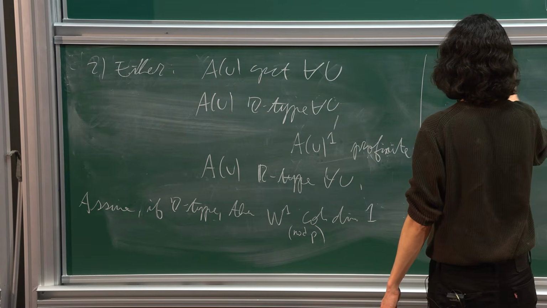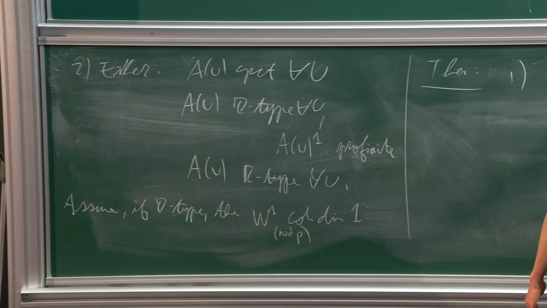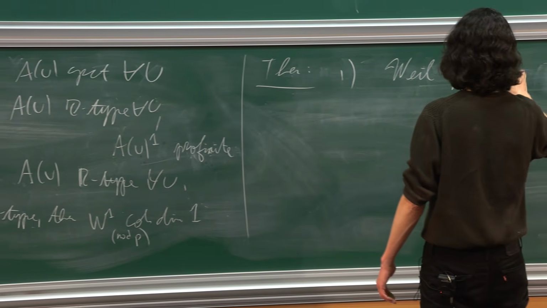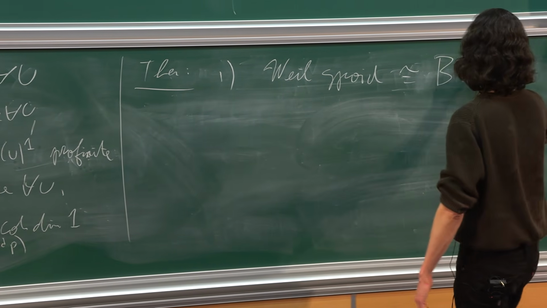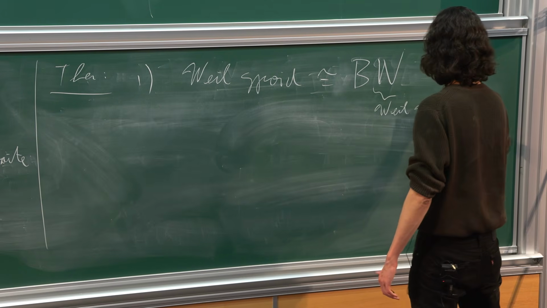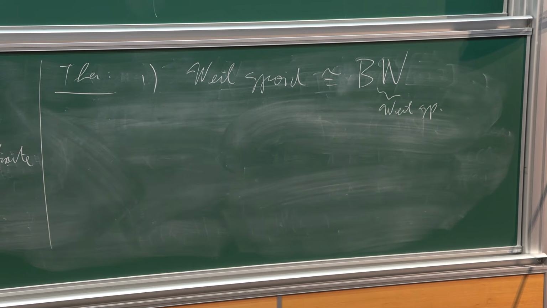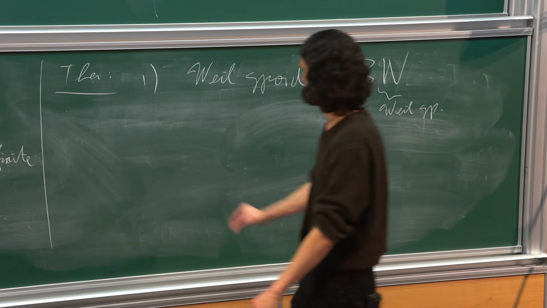Then the first statement is that the Weil groupoid is BW, where this is now a Weil group. So it is the Weil group in the number theoretic examples.